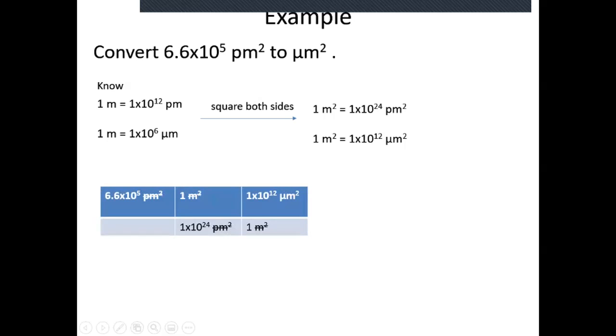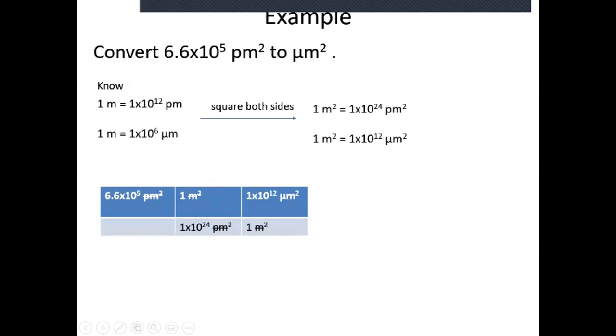So now we set it up. We start with picometer squared. In our conversion factor, picometer squared goes on the bottom, meter squared goes on top. And then we want to convert to micrometer squared. Meter squared goes on the bottom, micrometer squared goes on top, so that everything cancels but micrometer squared. So when you multiply, you add exponents.